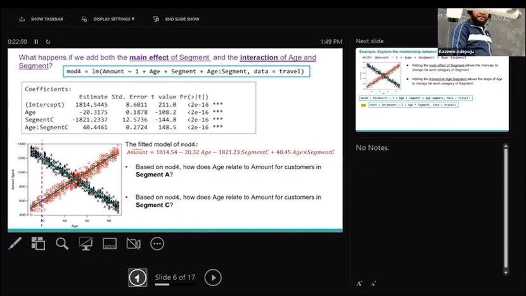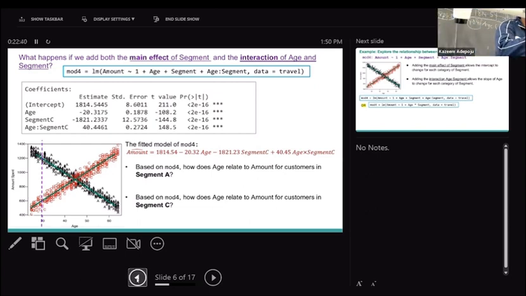The interaction tells you that the relationship between age and the amount you spend depends on the class you belong to, whether you are traveling for expenditure, for culture or for adventure.